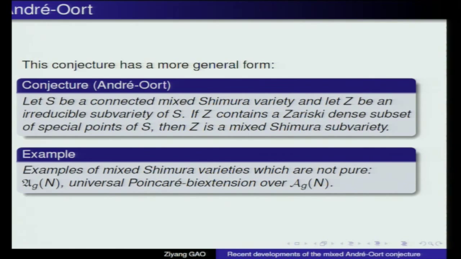This is the moduli space. On this moduli space, you have the universal family, and you can take the dual of this universal family, and on it you have a G_m-torsor, which is the line bundle on each fiber, the Poincaré line, the Poincaré biextension of that.